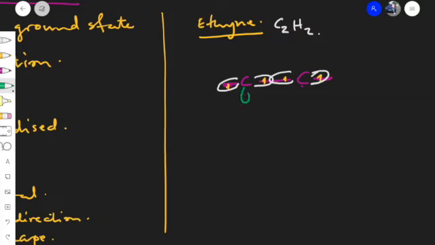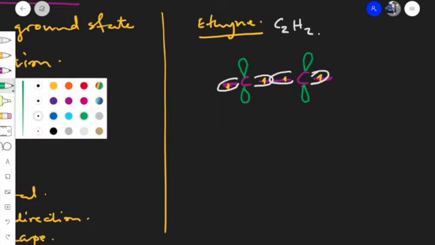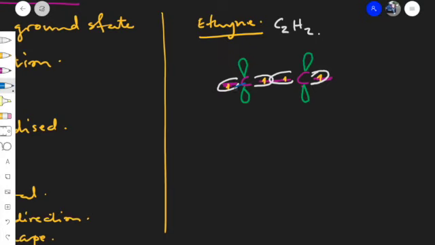One is going to be positioned in this way, on the page, and the other one is going to be oriented this way, coming out of the page, or of the screen if you like.